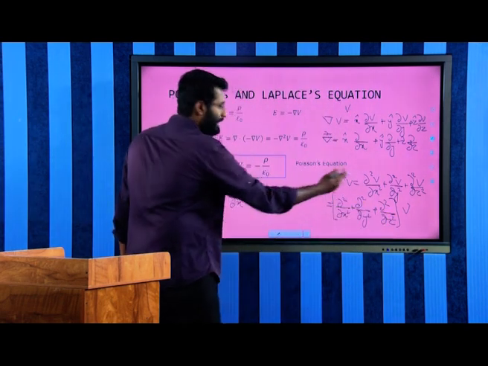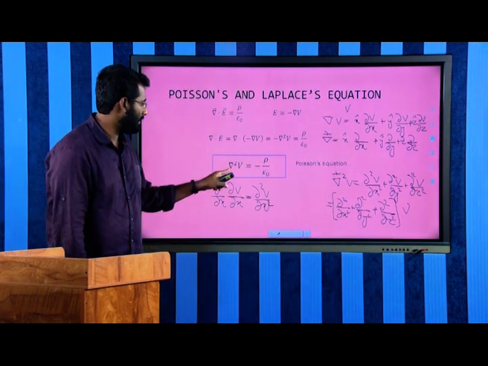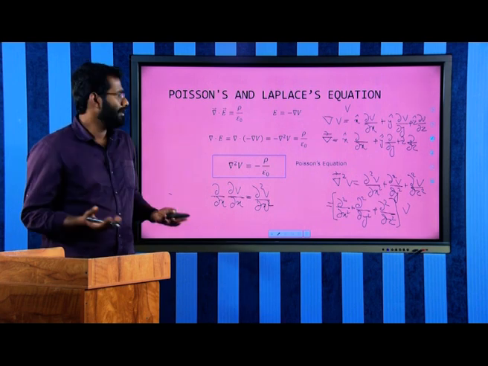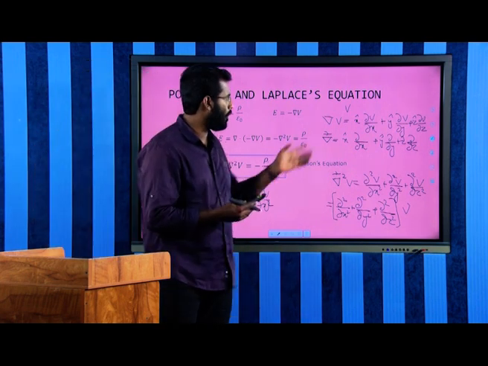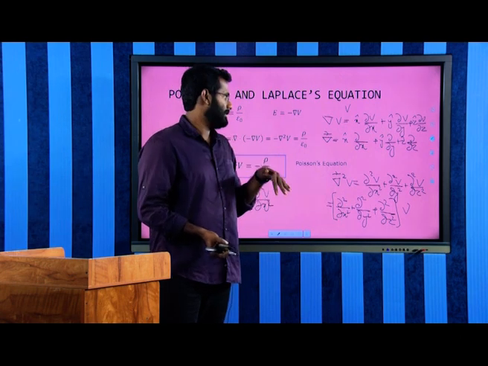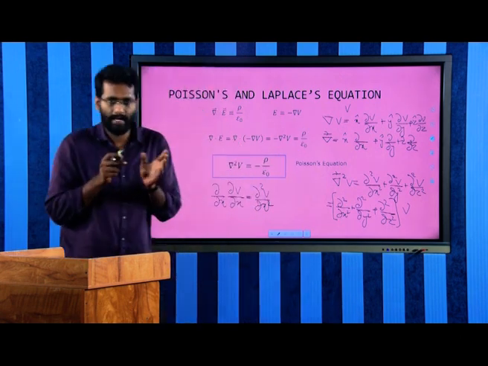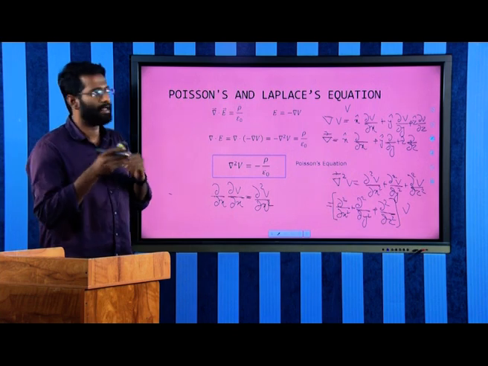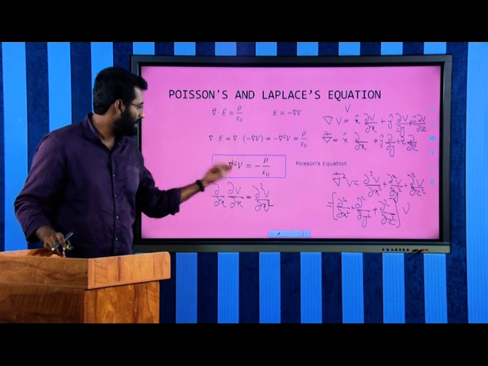So instead of writing all the second order derivatives, we can write it as del square. Del square is nothing but the combination of two differential operators, the divergence and the gradient, applied together to a scalar function, and we get del square V.